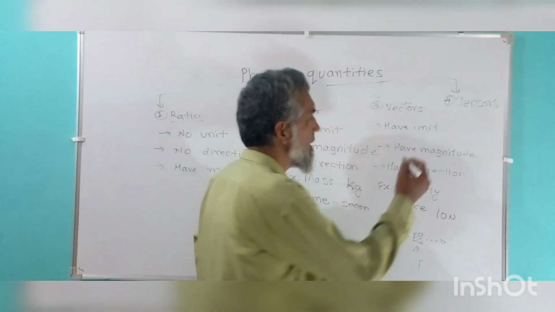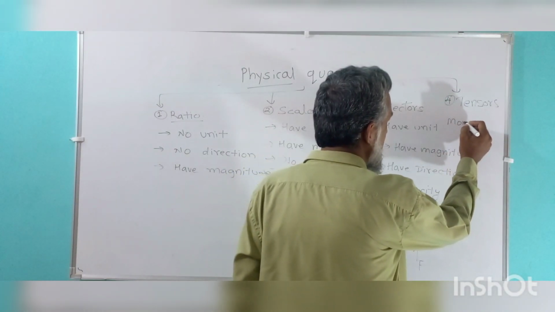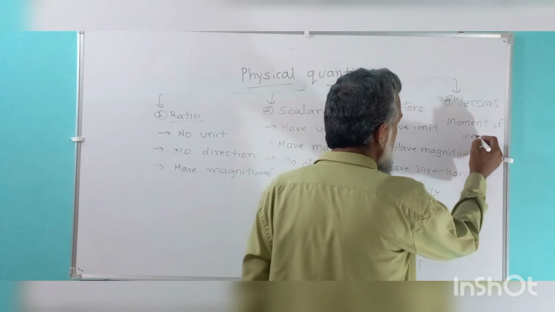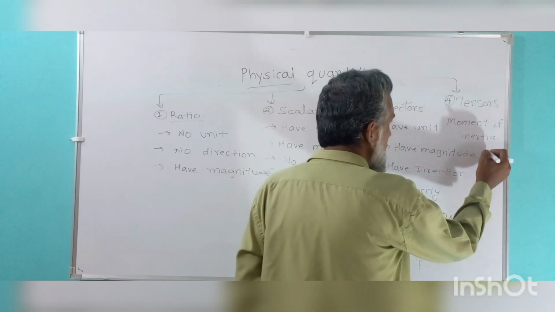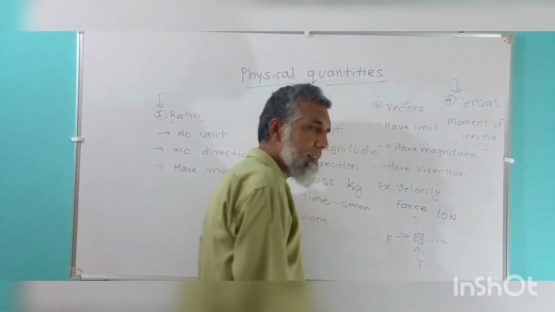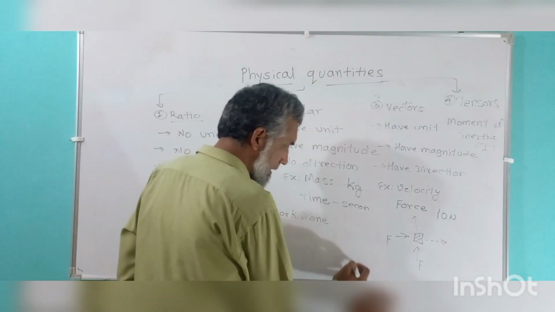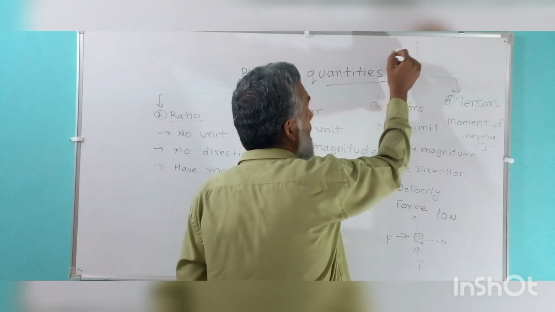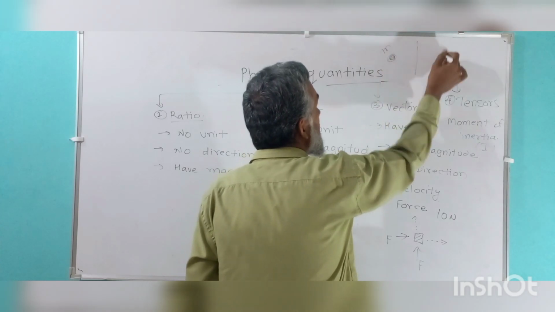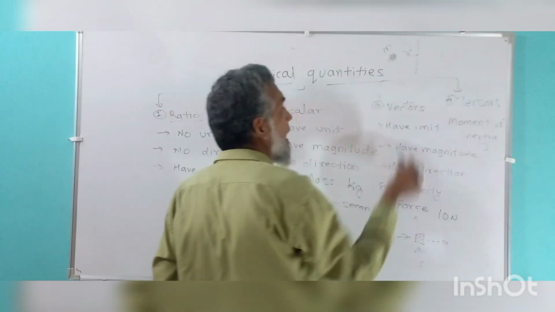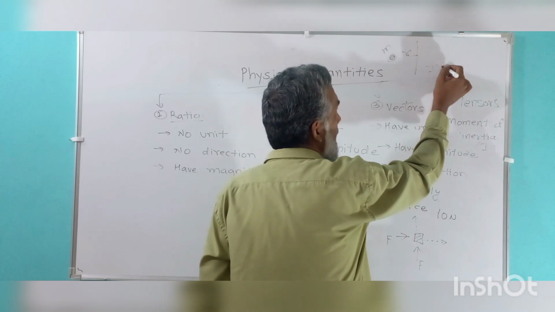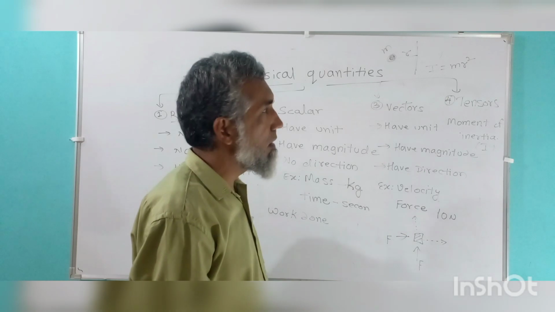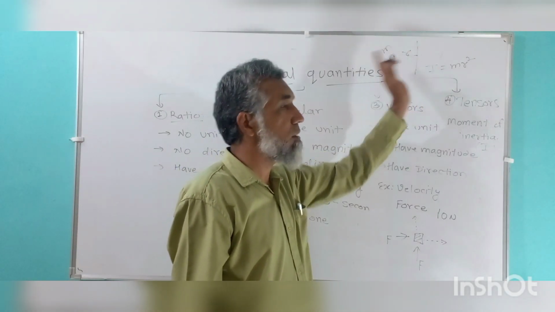An example of a tensor is moment of inertia. The symbol is I. If this is the axis of rotation, and this is a body of mass m revolving around it with radius r, then moment of inertia I is equal to mr square: mass into this distance squared.